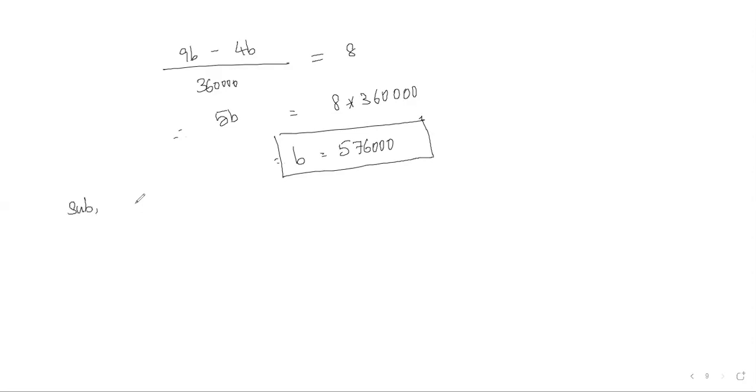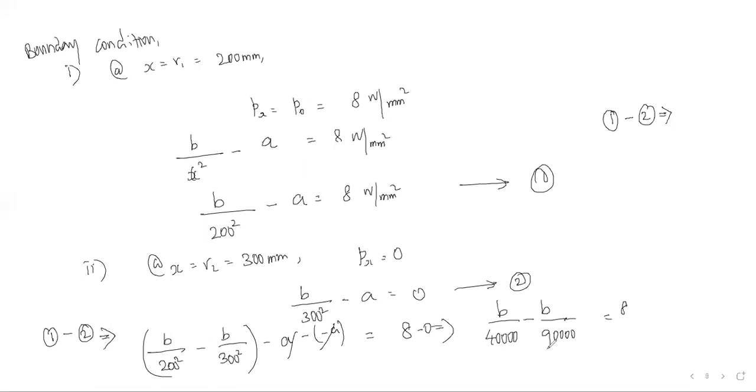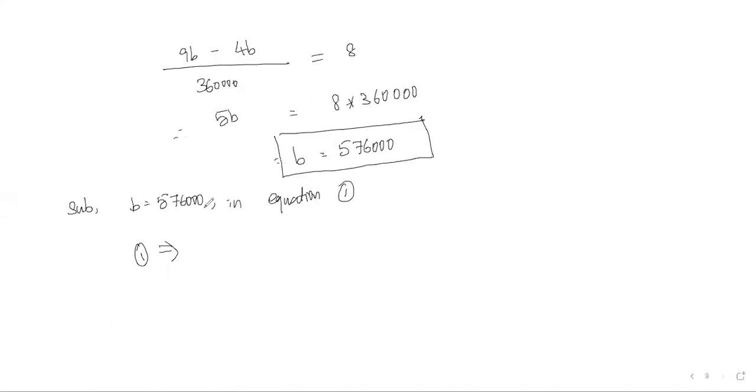Substitute B is equal to 5,76,000 in equation 1, therefore we can get the value of A. So equation 1 is B divided by 200 squared minus A is equal to 8.